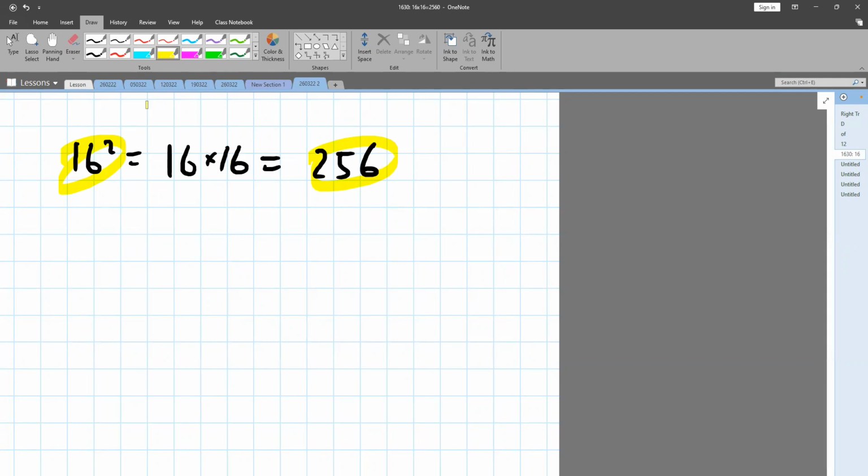You will see these square numbers quite often. That's why if you know some of them by now, maybe from 11 to 15, that will be good. I'll get you some other exercises after this.